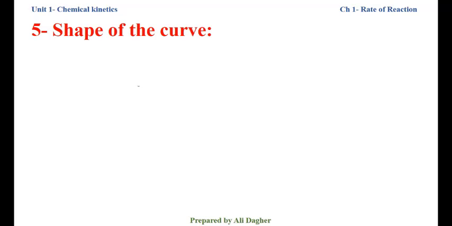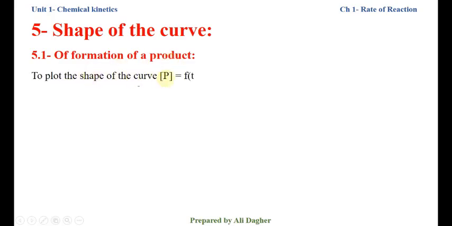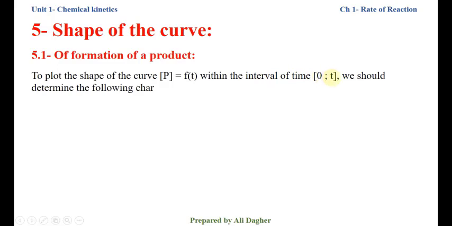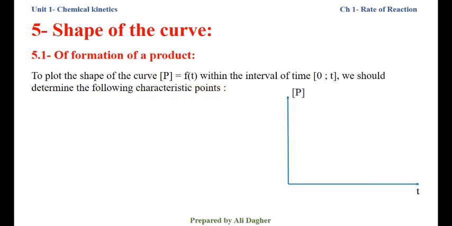Now, part 5, shape of the curve. 5.1, formation of a product. To plot the shape of the curve concentration of product equals F of t within the interval of time 0 to t, we should determine the following characteristic or remarkable points.